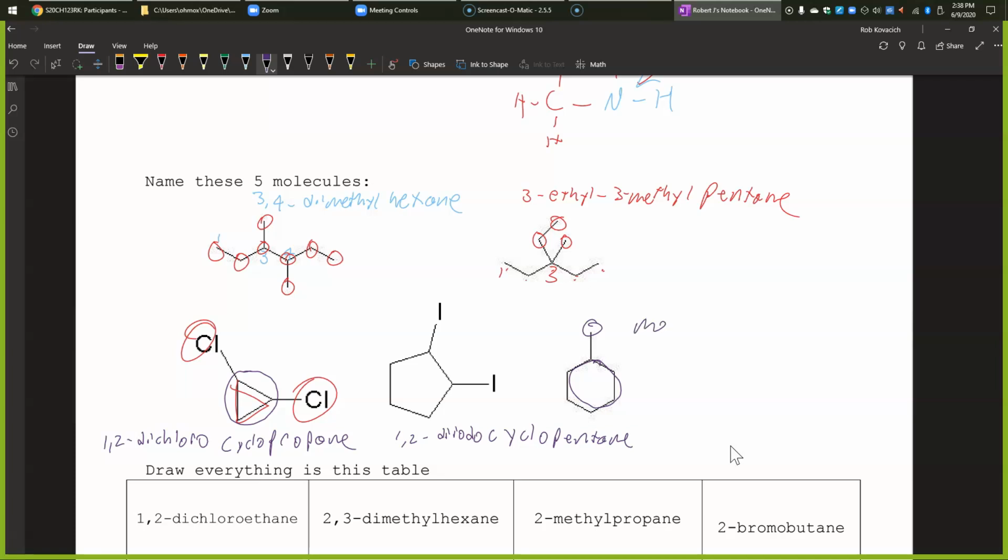Okay, so we have a methylhexane. ANE refers to the bonds, right? The ANE refers to just single bonds, right? That is correct. It's an alkane.